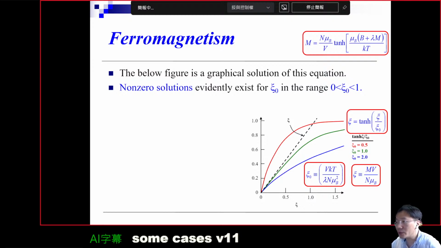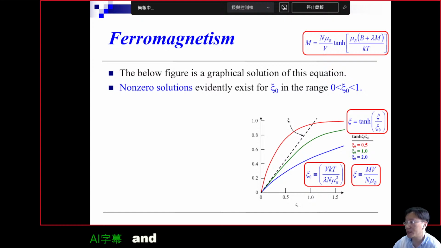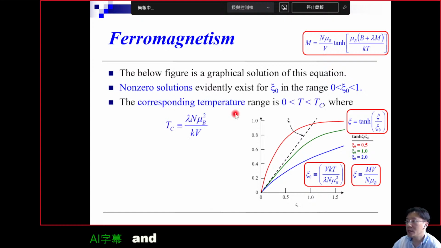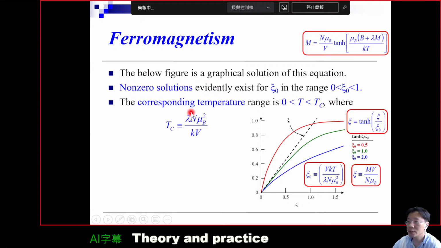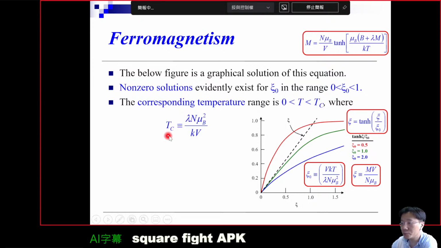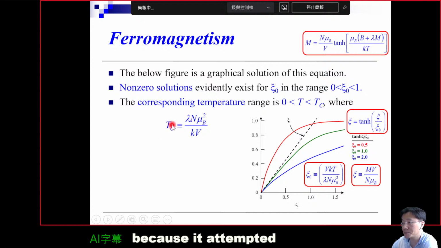So where can we get the solution? We have a non-zero solution when cos naught is between 0 and 1. And if we extract cos naught to Tc, then we define Tc equal to lambda n mu b squared by kV. This Tc value is very important because we can obtain the Tc value from experiment.